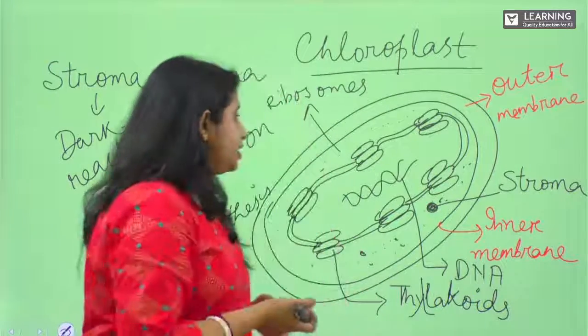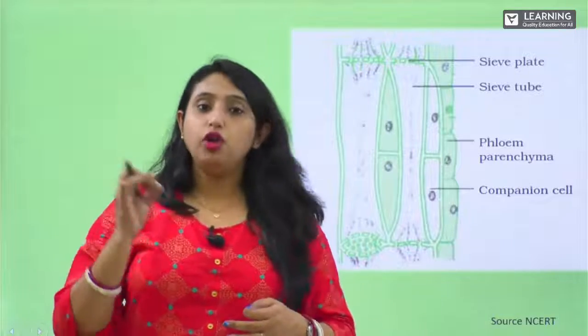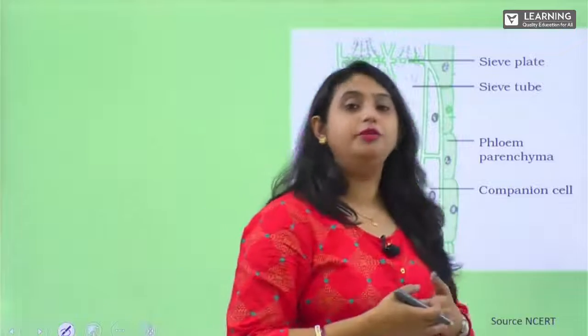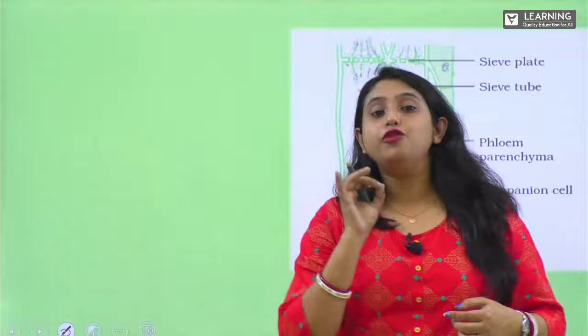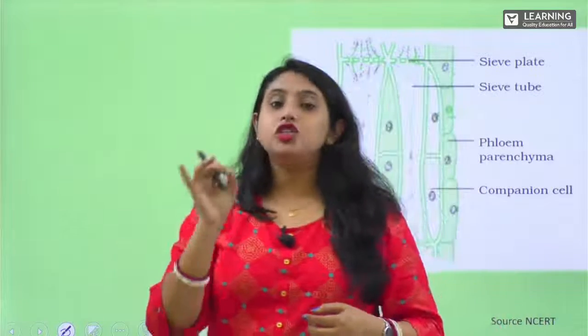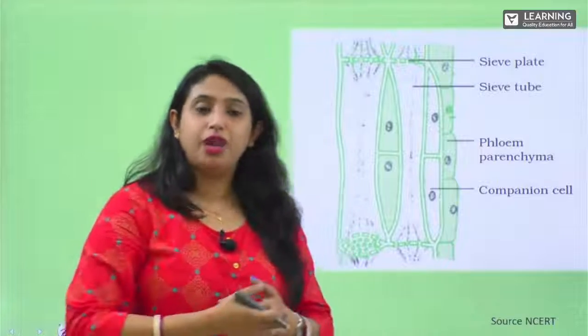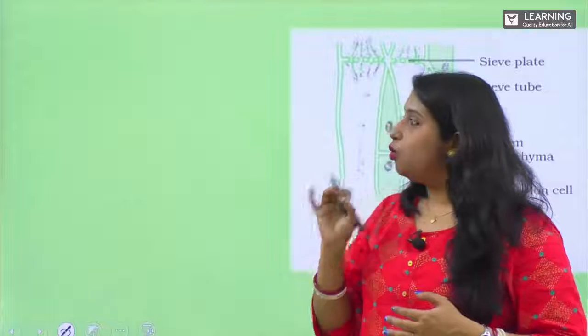So next let us learn about the phloem. You have studied about xylem and phloem, right? What is the function of this xylem and phloem? These are nothing but the vascular tissues. Xylem and phloem are vascular tissues present in the plant that help in the transportation of food and water.